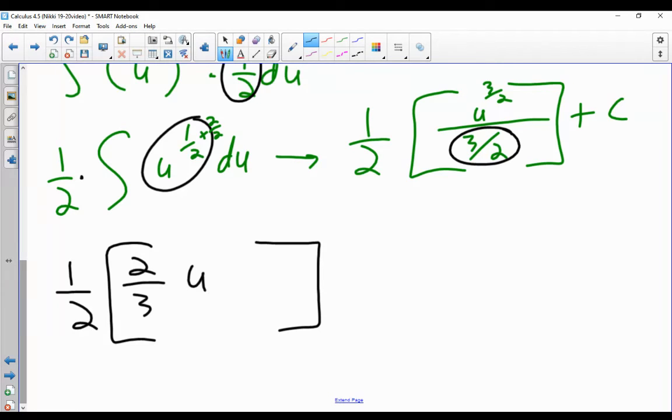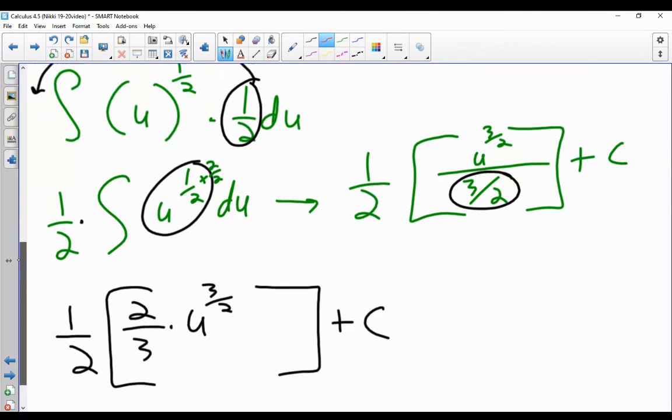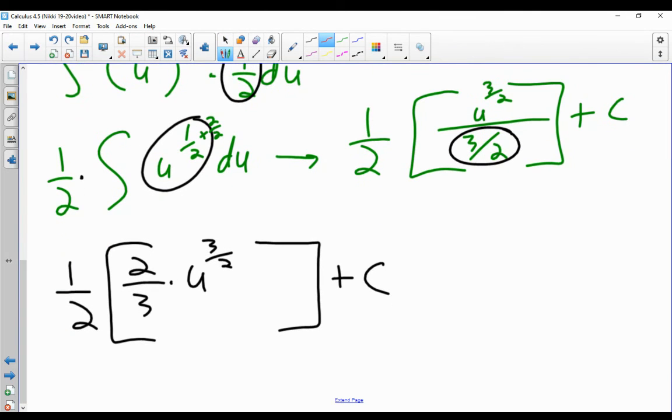And that's going to be multiplied by u to the 3/2 plus c. So now, you got 1/2 and you got 2/3 here. At this point, you're allowed to multiply those together. Multiply on top, you get 2. Multiply on bottom, you get 6. And then you reduce. And that will give you 1/3 times u to the 3/2 plus c.